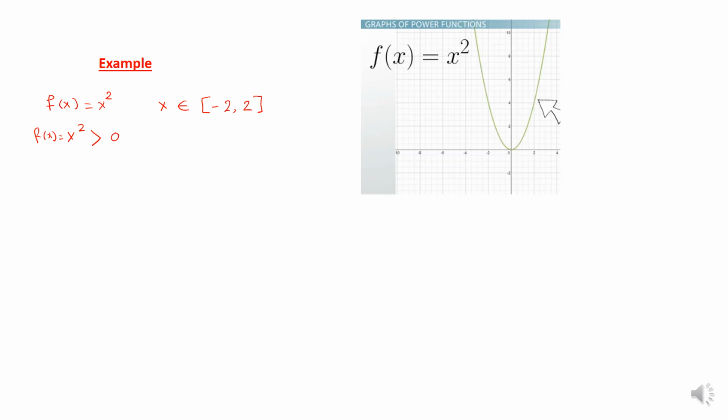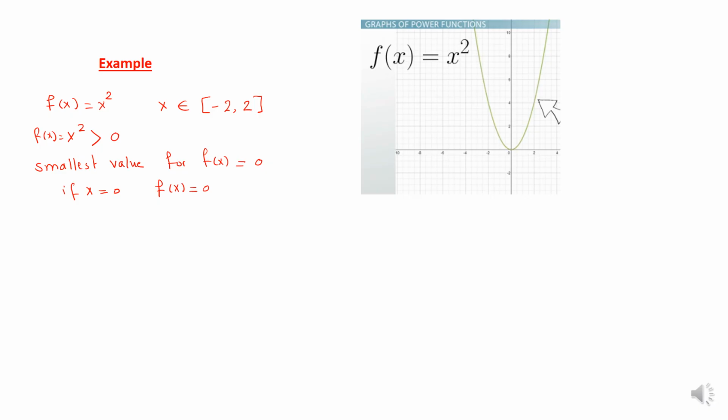All its values are positive. So the smallest value for f of x is equal to 0, where x is 0. 0 belongs to the domain [-2, 2]. If x is 0, f of x is equal to 0, and this is the lowest value f can take.